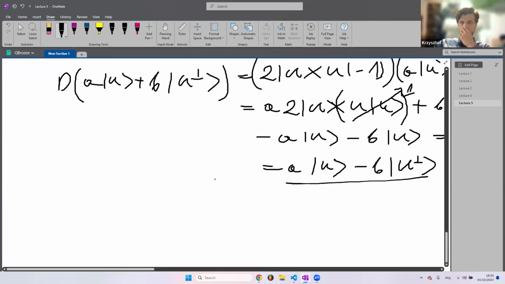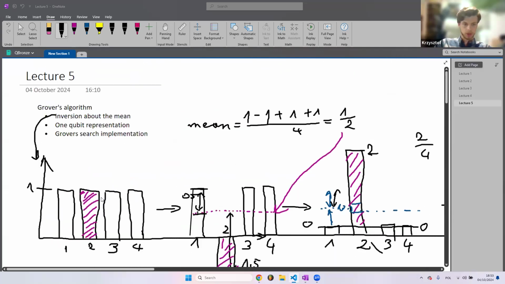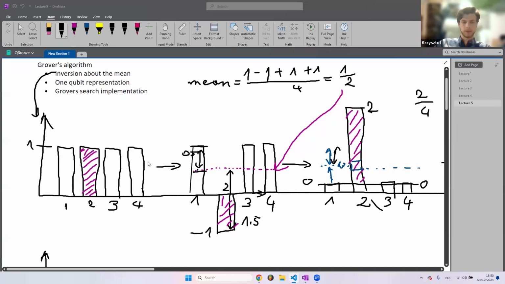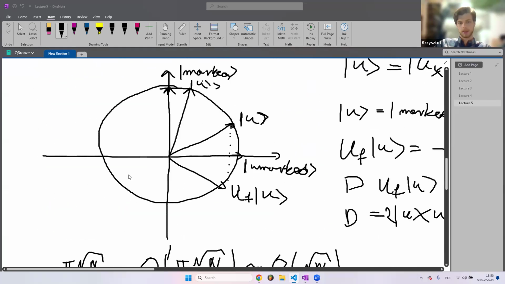Okay, so let's now move on to implementation of Grover's algorithm. In our game, we assumed that we know which elements are marked. We assumed that this second element was marked, and also that these elements are marked.